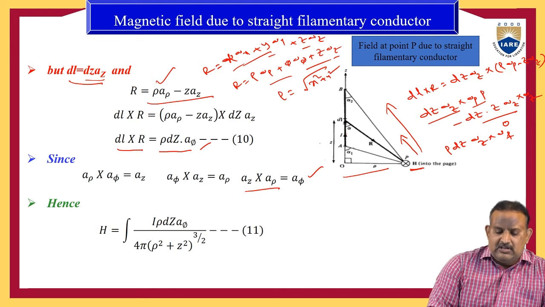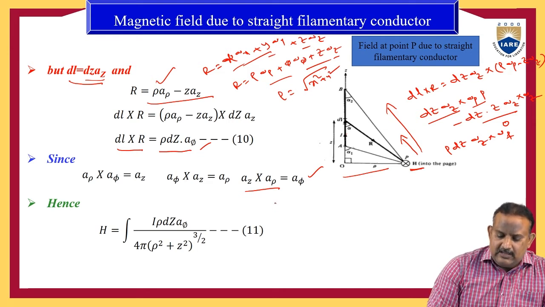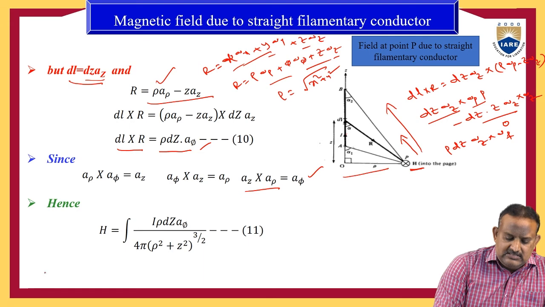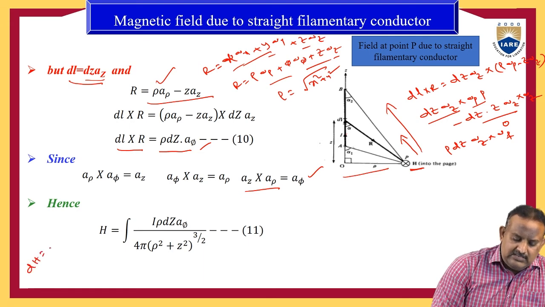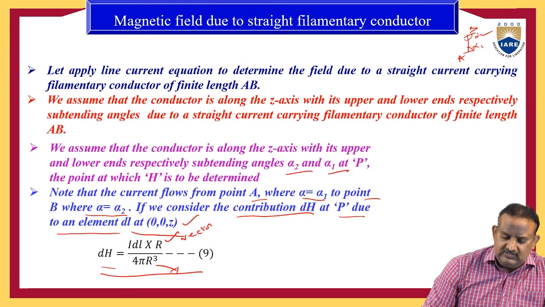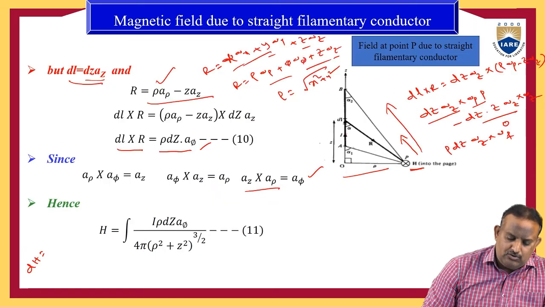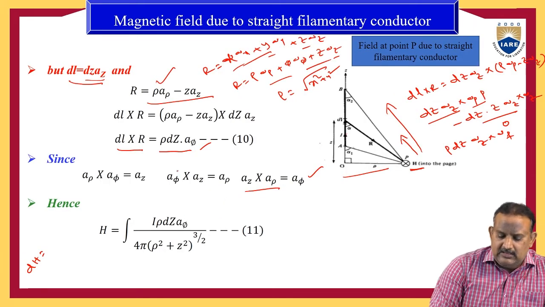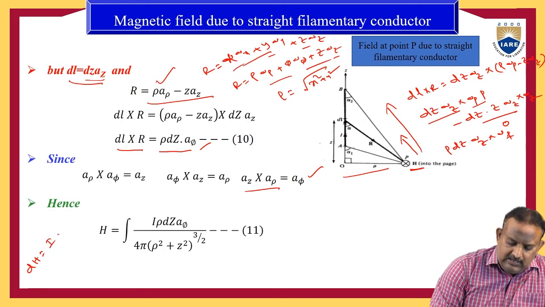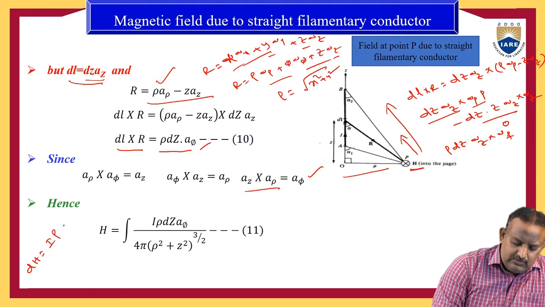Therefore, the equation becomes, already we have the equation dH is equal to I dl cross R by 4 pi R cube. In place of I dl cross R, here I am writing I rho into dz into a_phi by 4 pi R cube.